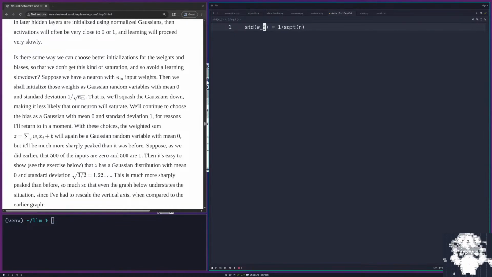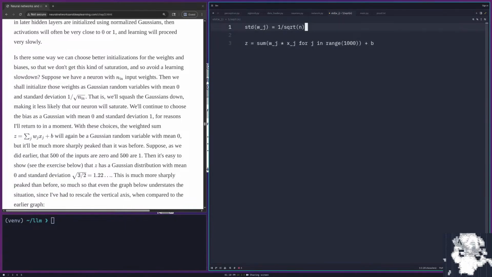We can just call it wj, I guess. Then we're saying z is equal to the sum of wj times xj for j in range 1000, plus b.